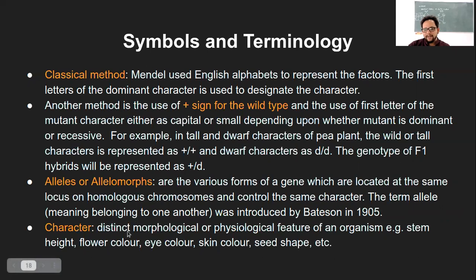Then character, which means a distinct morphological or physiological feature. Morphological is what you can see in terms of structure. Physiological is more in terms of a particular function within the body. So, for example, how much insulin is to be produced in the body is a physiological process or feature of the person, right?